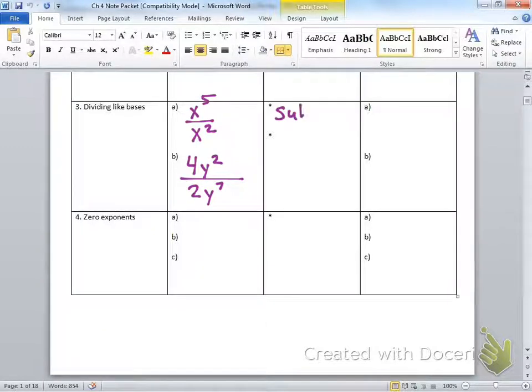Good. You subtract the exponents. Right, and write it wherever the bigger exponent was. So how can we write that? Where the larger exponent started. Does that make sense?